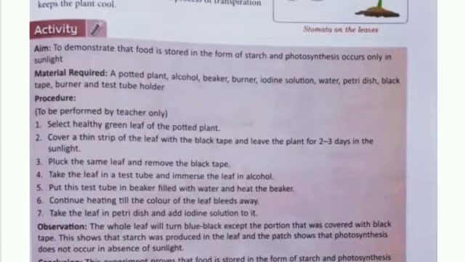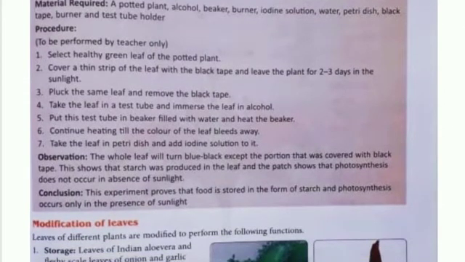That's why that part does not change into blue-black, and other parts change into blue-black, because the other part was exposed to sunlight, made food, and photosynthesis occurred there, and that's why it changes into blue-black color because of the iodine solution. Conclusion: this experiment proves that food is stored in the form of starch and photosynthesis occurs only in the presence of sunlight.